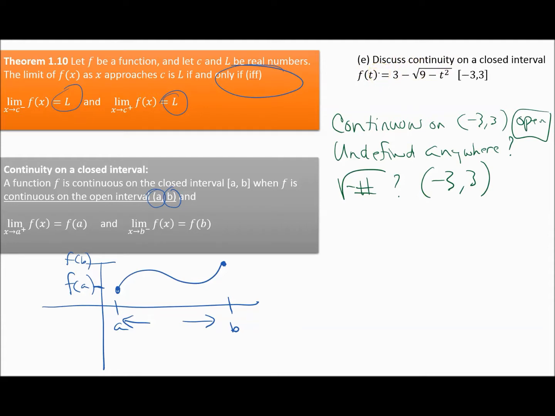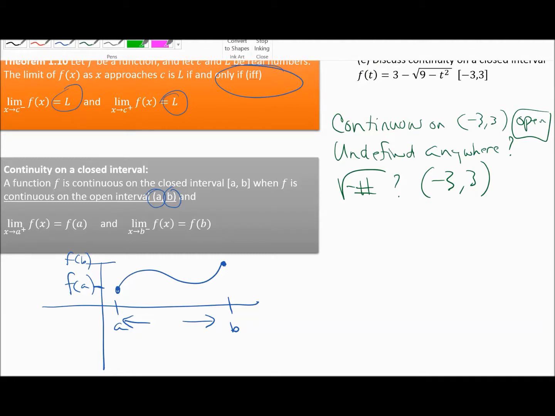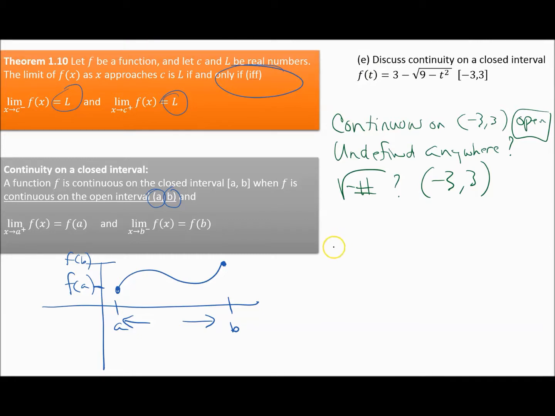To check the endpoints, I'm going to do this all in different colors. First I'm going to do it in black. If we take the limit as t approaches, now what is the left-hand endpoint? That's your a value, it's -3. So the limit as t approaches -3 from the right of our function, 3 minus the square root of 9 minus t squared.